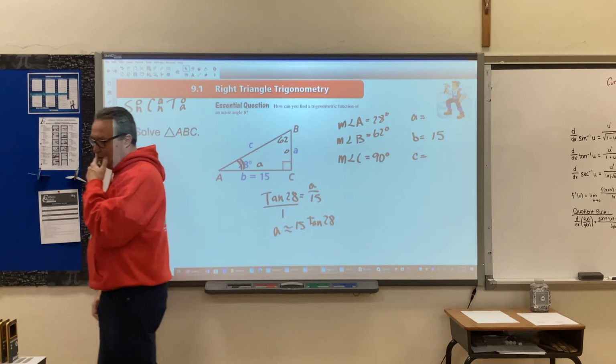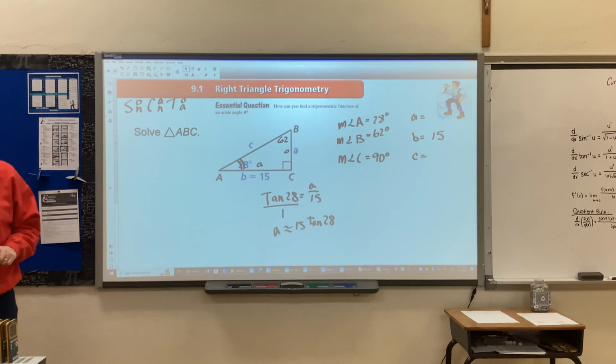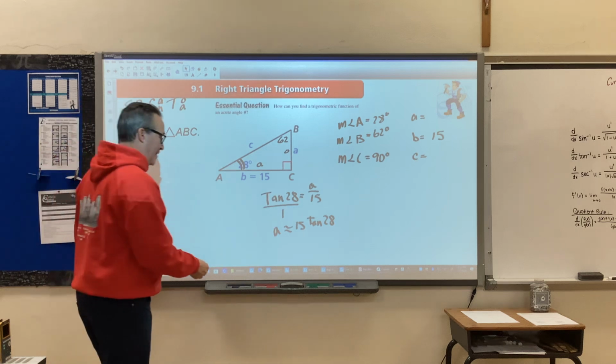Make sure your calculator is in degree mode. 15 tangent of 28. What is it? 7.976, round to the nearest thousandth.